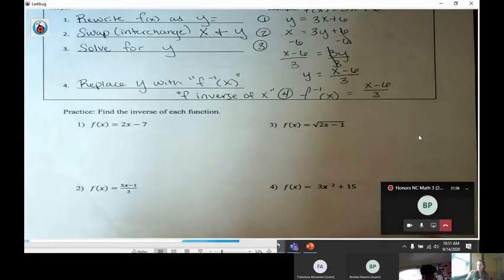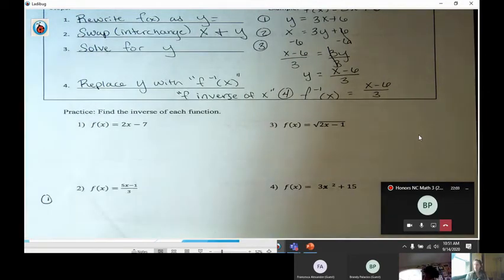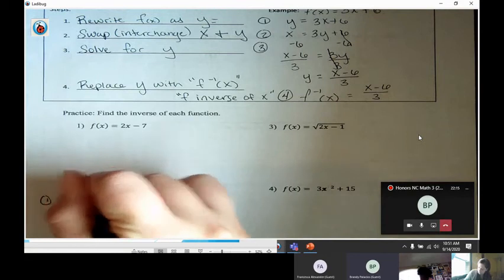So in number 2, the first thing we're going to do, step 1, is to rewrite f of x as y equals. So Brandy, can you tell me how to write that? Y equals (5x minus 1) over 3. Perfect.